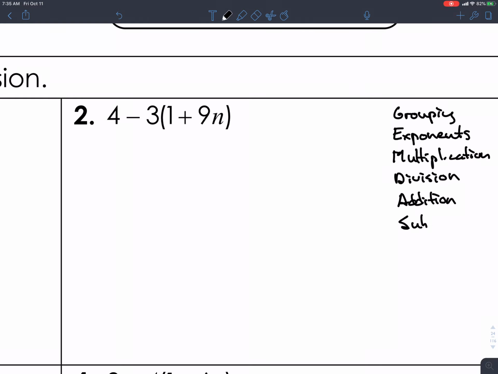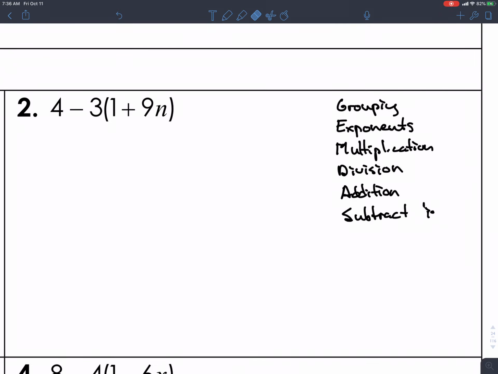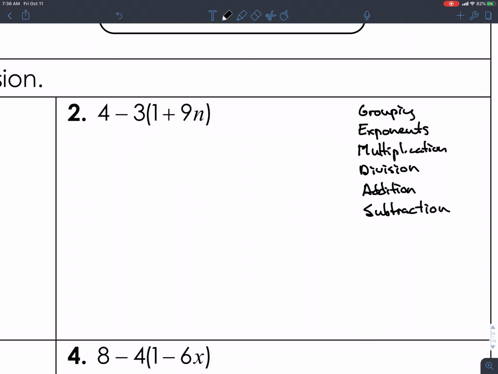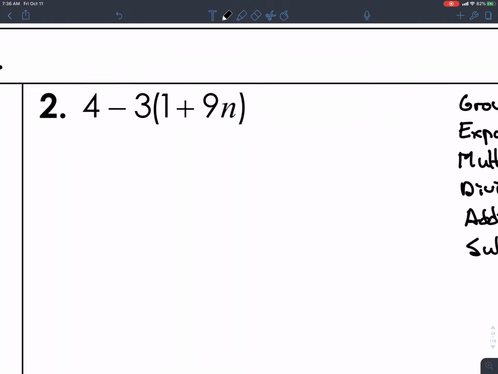And S for subtraction. And the last four are, well, multiplication and division you do from left to right as you see them. Oops, I just misspelled subtraction. And then you do addition and subtraction as you see it, left to right, not any kind of order, just left to right.